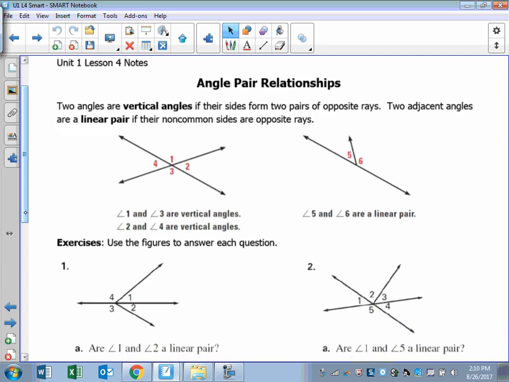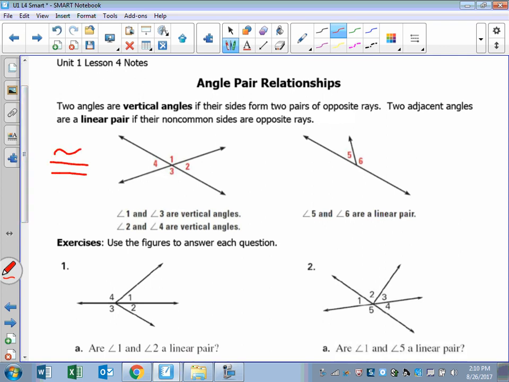In this first part, vertical angles, you can read that for yourself, but the main takeaway is that they are congruent, which means they have equal measures if they're vertical. Linear pair, I want to tell you guys that a linear pair is equal to 180.